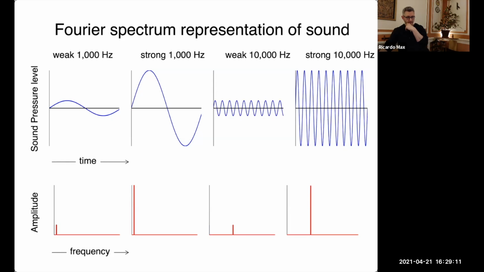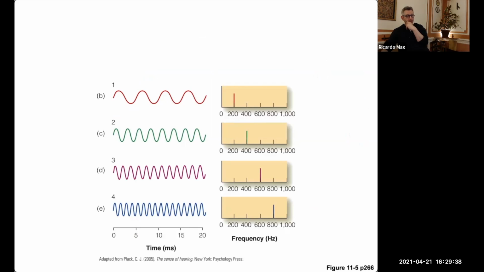So here you have 1,000, 10,000, 20,000, 100,000, etc. And the height is the amplitude. This distance here will be this distance here. So this height is this height. All right? Can you understand? It's simple, right? So it's useful when we want to represent complex waves.